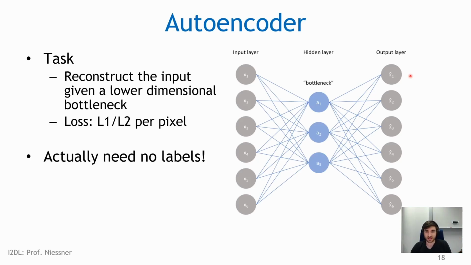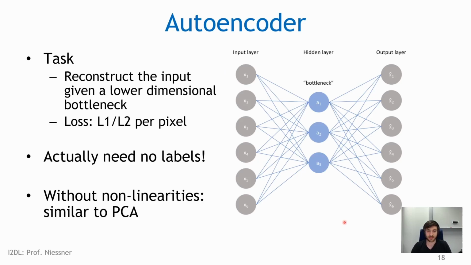The good thing is that you don't need any labeling, no categories or segmentation or anything. The output should just be the input. If you're familiar with the concept of PCA, you can think of something similar, because in PCA we also want to distill the most important information. In a sense, an autoencoder is trying to do the same by encoding the most essential information in this bottleneck.